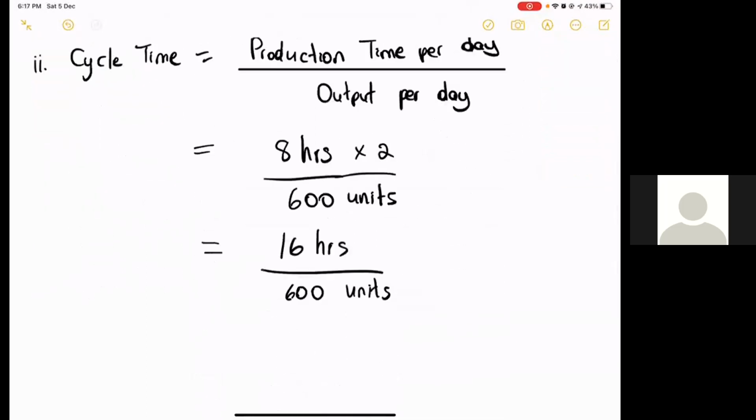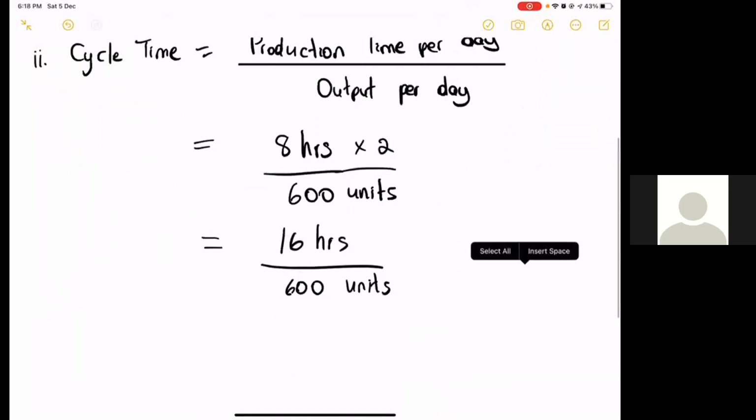So converting the 16 hours to seconds, we know that there are 60 minutes in 1 hour. And then we also know that there's another 60 seconds in 1 minute. Okay, probably should have worked these out before.